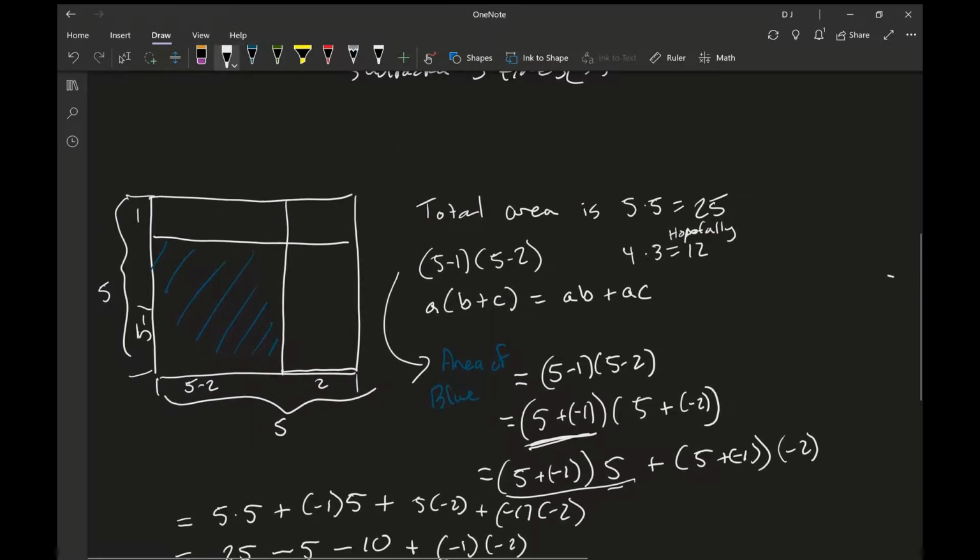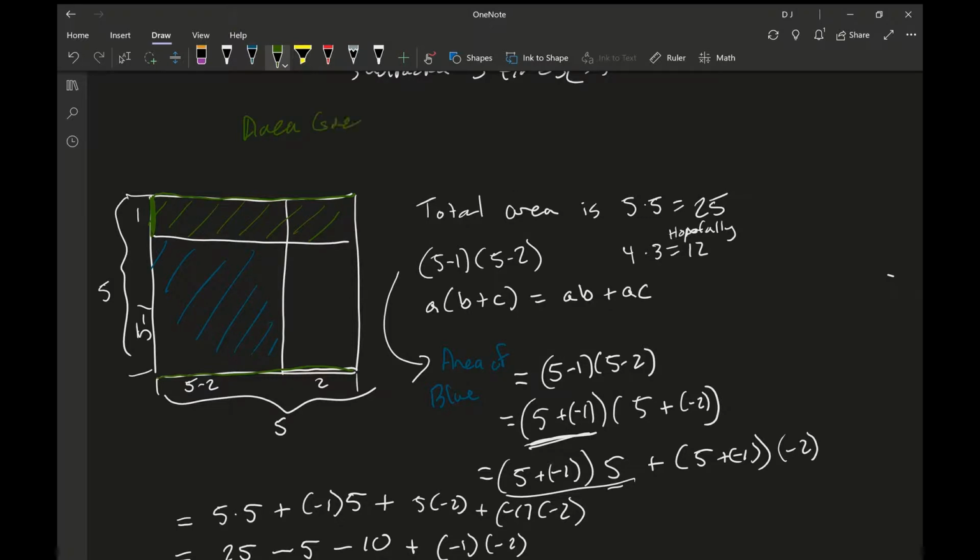But if you look at this area right here, the area of this green is 1 in height, and then whatever this is in length, which is the same as this, which is 5. So area green is going to be 1 times 5, so 5.